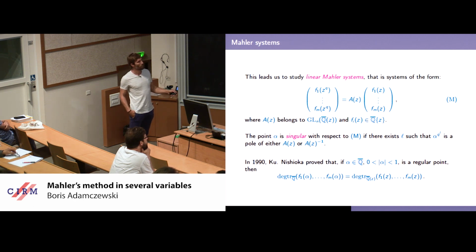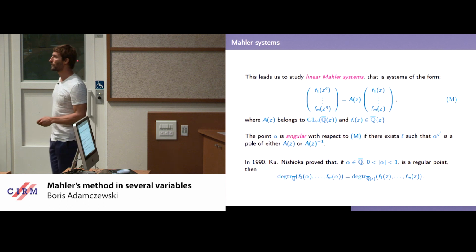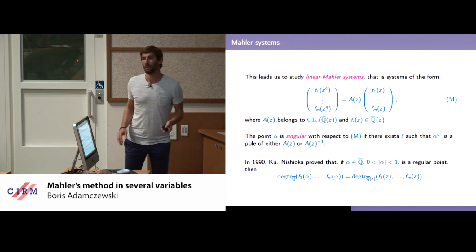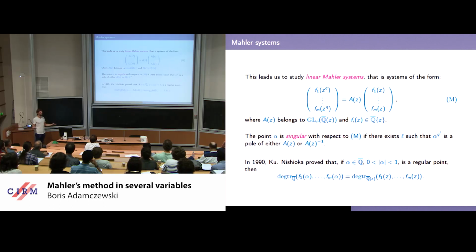If it is a regular point, then she proves the equality of the transcendence degree between the values and the functions. So which means that quantitatively, there is no more relation between the values than between the functions. And of course, if you have an algebraic relation between some functions, you can specialize this relation to get an algebraic relation between the values. So this is more or less the best we can hope.